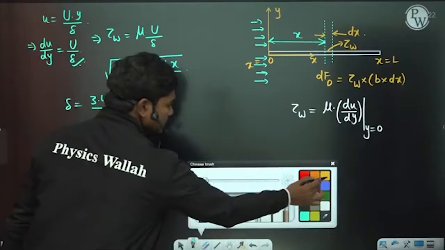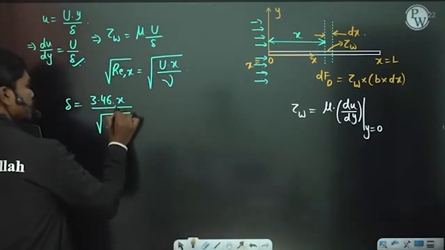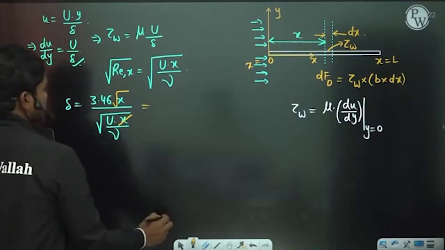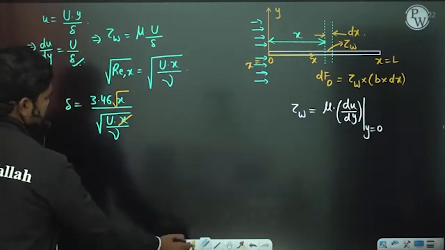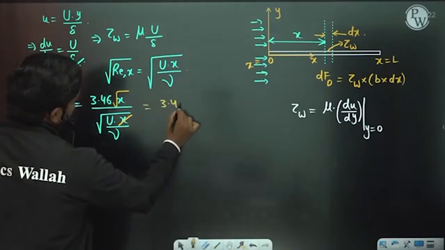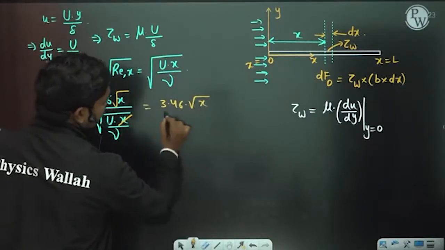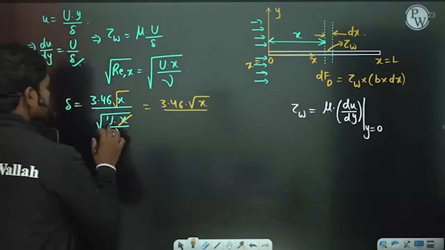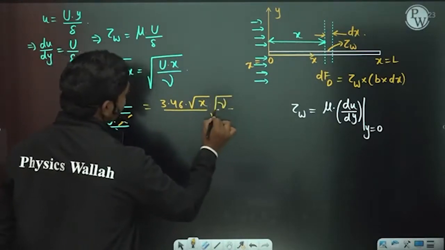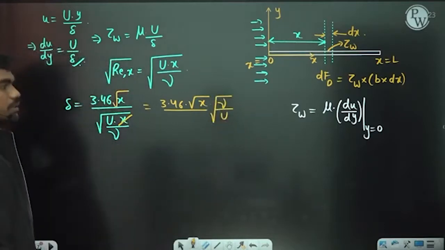You can cancel one x and we get a square root of x here. So delta is equal to 3.46 times square root of x, divided by square root of U by kinematic viscosity, that is, multiplied by the square root of kinematic viscosity by U. This is the expression for delta.